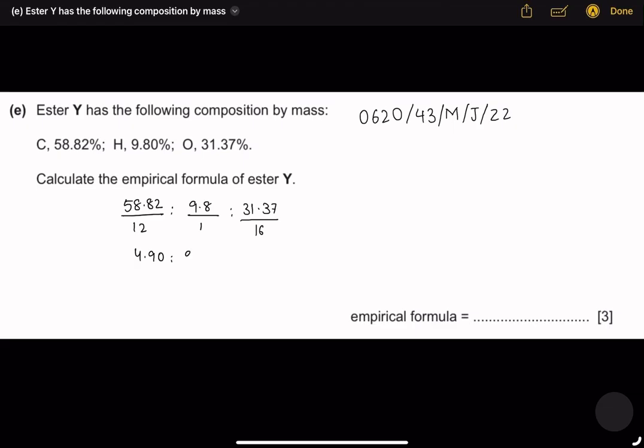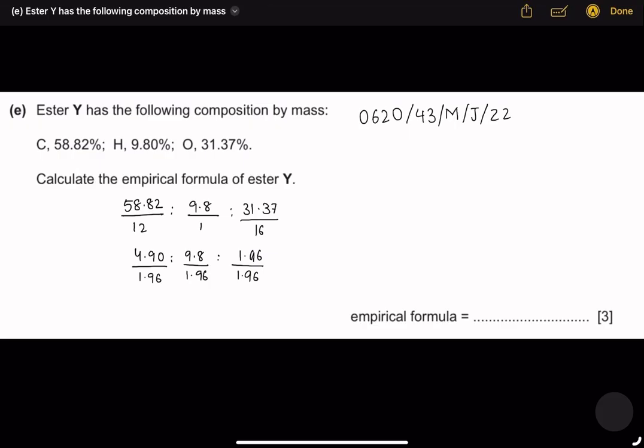This is going to be 9.8, and 31.37 divided by 16 is 1.96. So we divide each value by the smallest, 1.96.